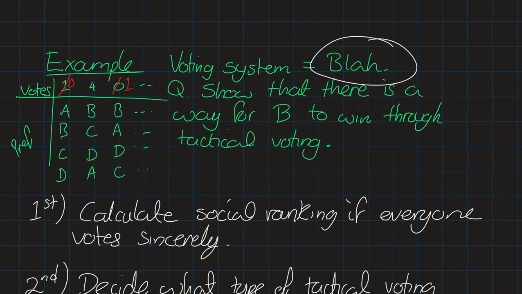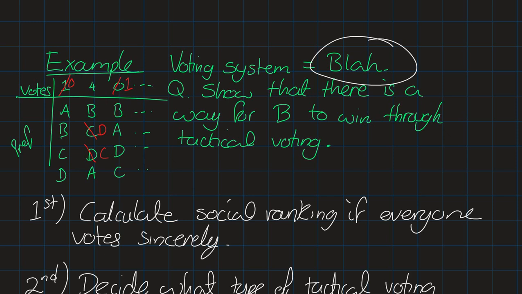Another way is to actually cross out the letters in the order and do it like this. Remember, when you do this, what you're saying is all 4 of these voters have changed their preference from B, C, D, A to B, D, C, A.